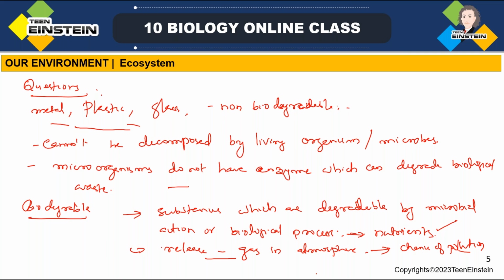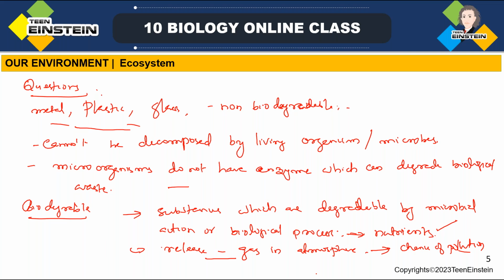Then with example you need to learn biodegradable and non-biodegradable, why they are called biodegradable, why they are called non-biodegradable, and what is the plus and minus of these. So this is just an introductory portion of this chapter, ecosystem or our environment.